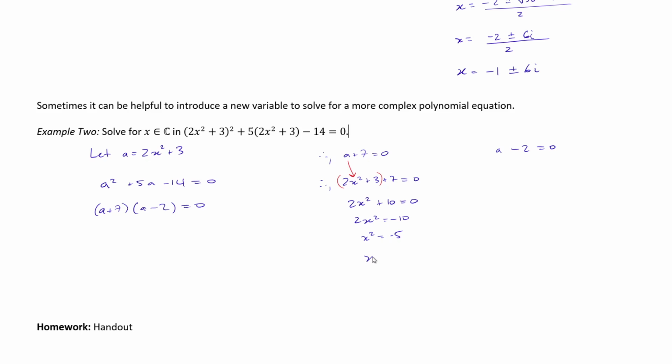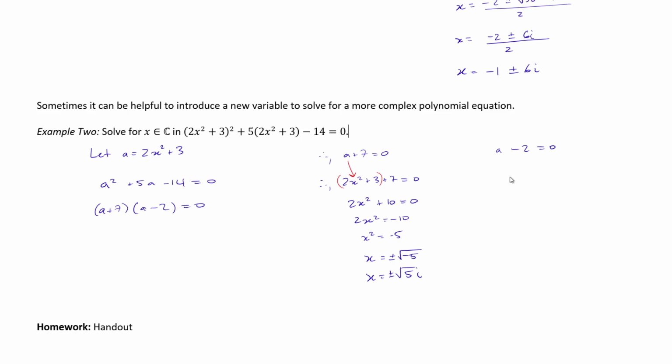And so x is equal to plus or minus the square root of negative 5. Well, that just is x is equal to plus or minus the square root of 5 i. Okay, so I've got two solutions here. Then I have to go over here.